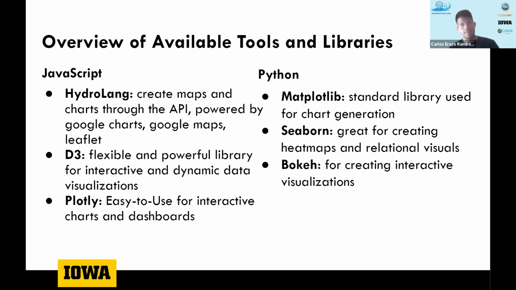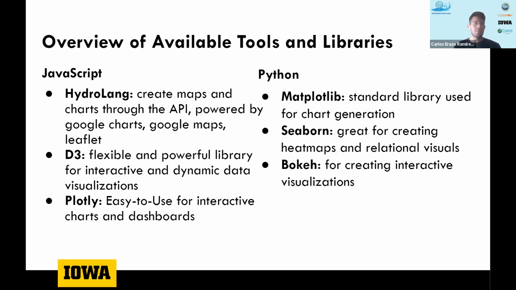Now on the Python side, Python has many different libraries that you can use. Matplotlib is the main one, and a lot of the other ones are just flavors of Matplotlib, so they've included different things on top of it. It is a standard library for chart generation. It is highly customizable. Sometimes it might be a little bit tricky to manage. However, if you want a simpler version of Matplotlib, there are libraries for that.